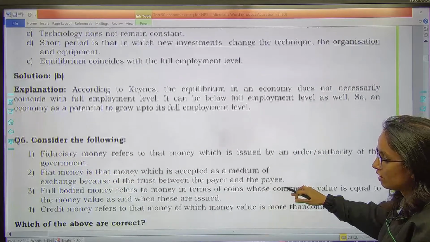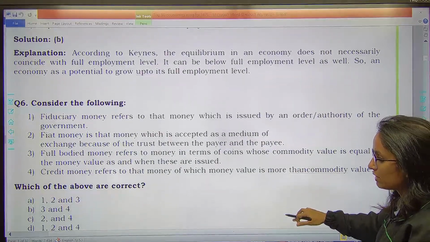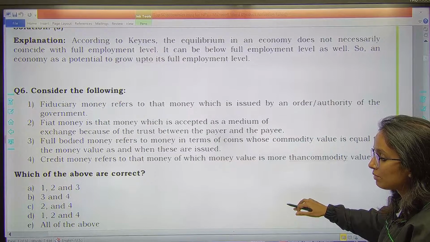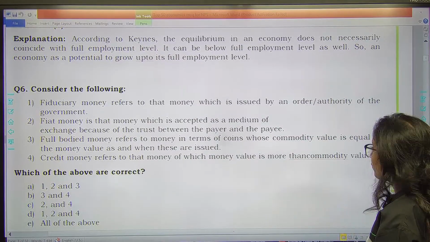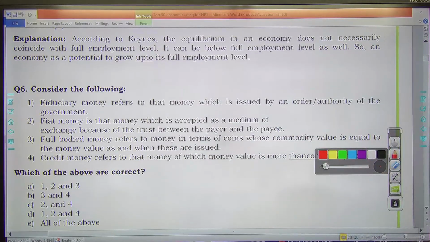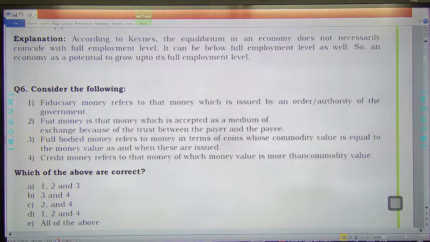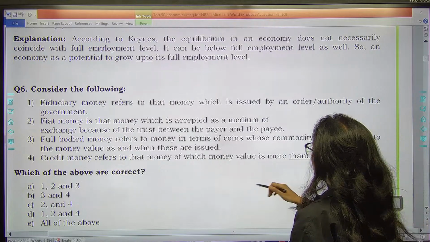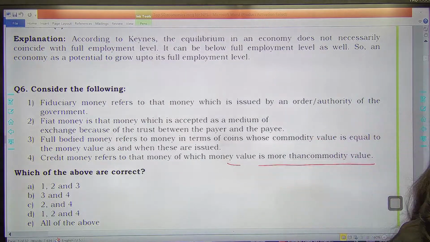Next question. You have to read the following statements regarding forms of money, different types of money, and tell me which one is correct. Quickly tell me. Fiduciary money refers to that which is issued by an order. Fiat money is that which is accepted as a medium of exchange. Full-bodied money refers to money in terms of coins whose commodity value is equal to money value. And credit money refers to money of which money value is more than commodity value.